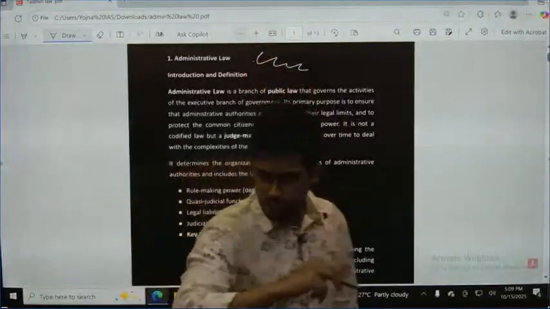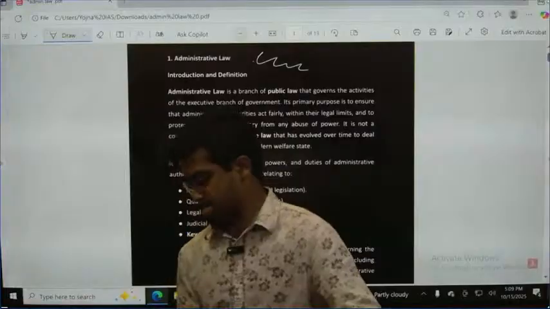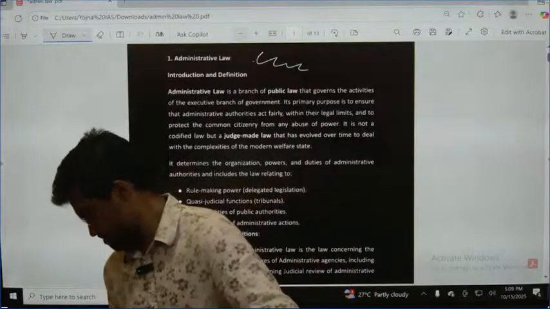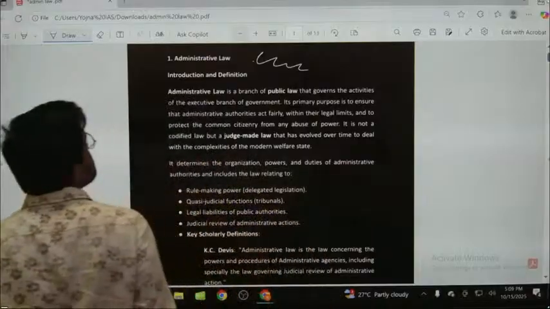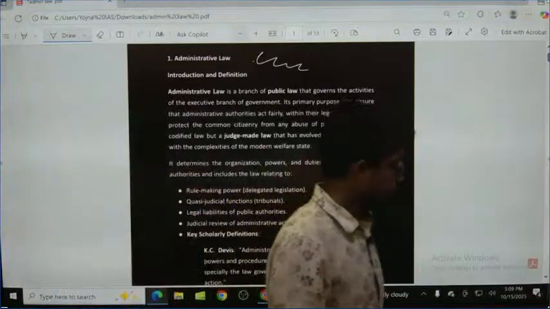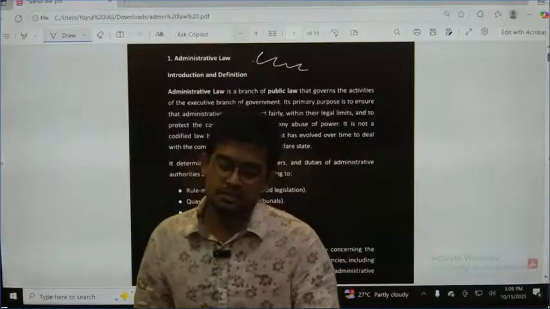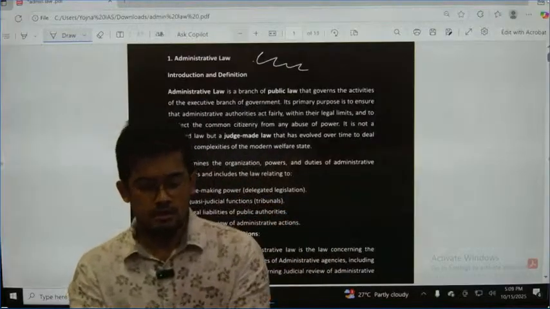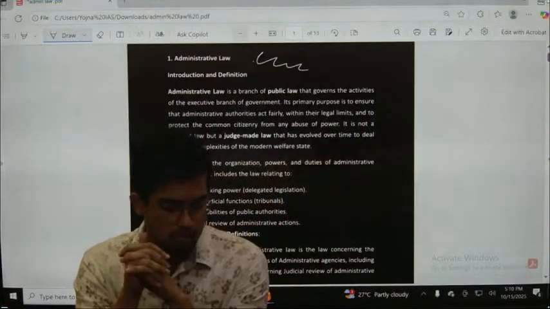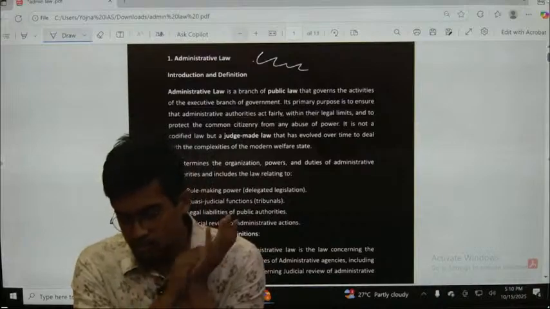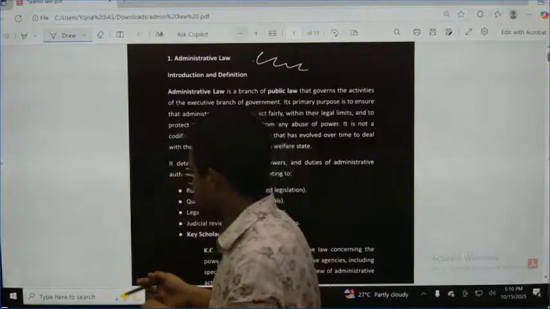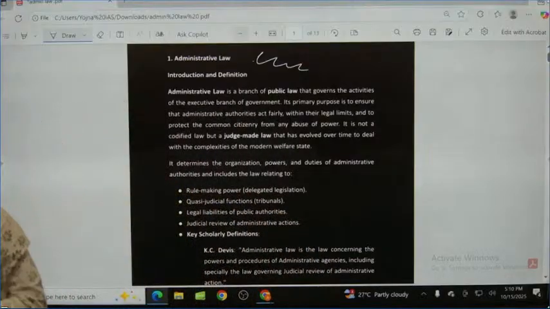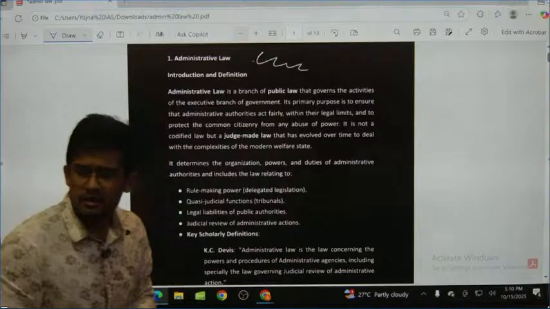You can see. Let me briefly explain what administrative law means. Two things you need to understand. This I have not written; you might write all of this.